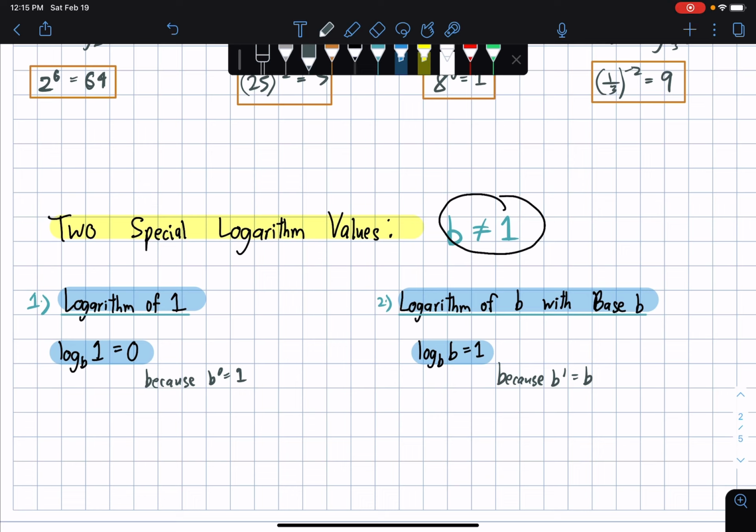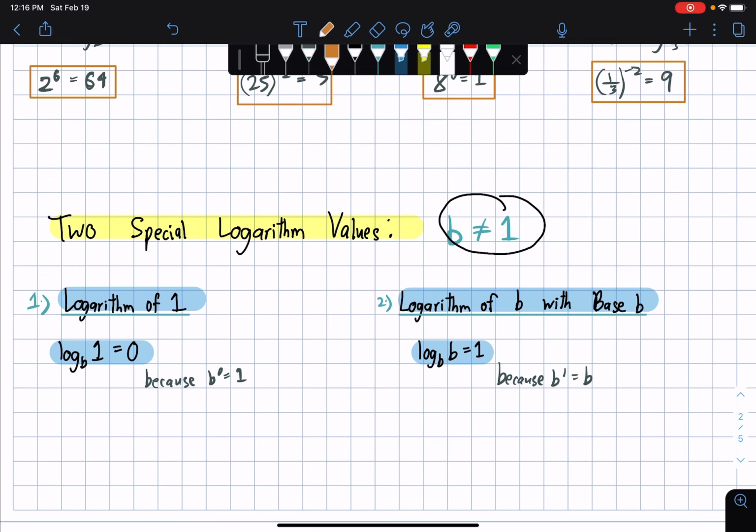Now, the first logarithm value is the logarithm of 1. Basically, log sub b of 1 is equal to 0 because b raised to 0 is equivalent to 1. For the second special logarithm value, the logarithm of b with base b. So it's written this way.